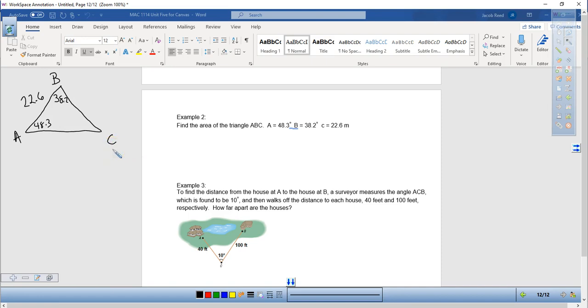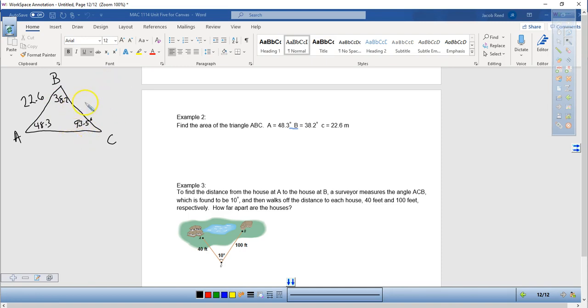Another thing that we can do is find out what one of these two sides is, as well as this angle, and then use a sine formula, which is what I'm going to do. First thing, I want to know what angle C is. Angle C comes out to be 93.5 degrees, if you add these two up and subtract from 180.